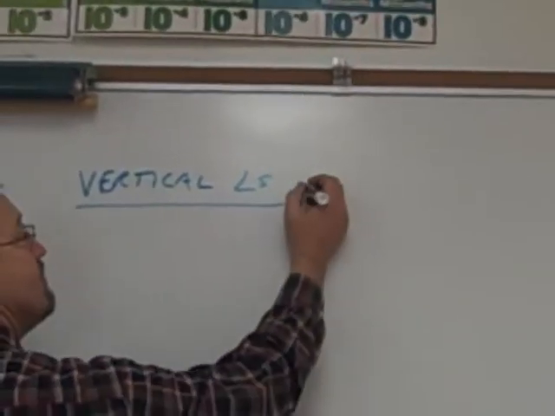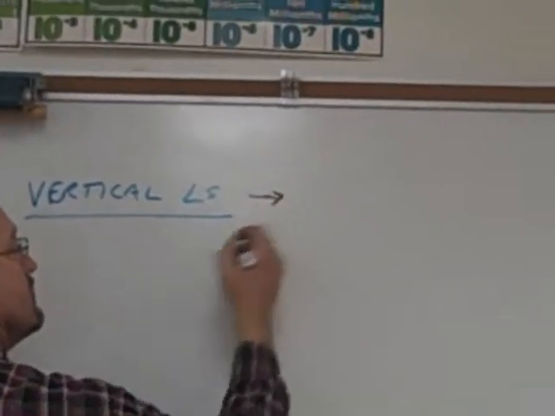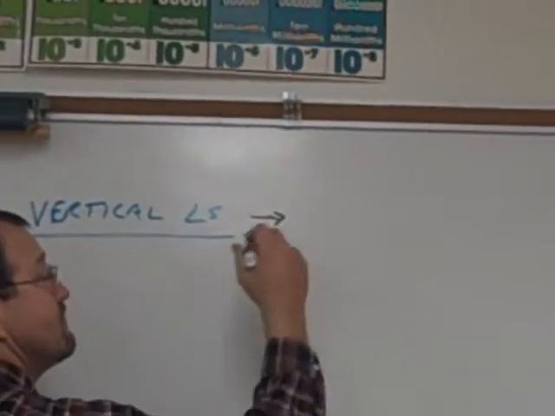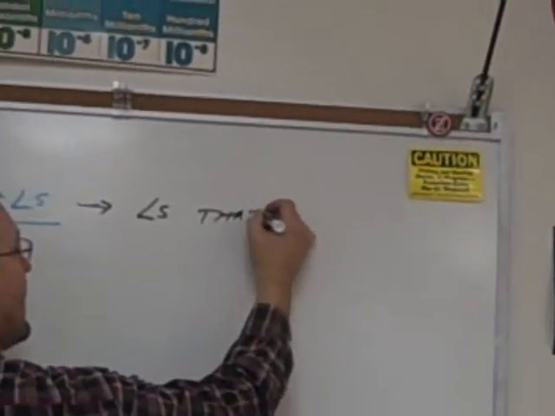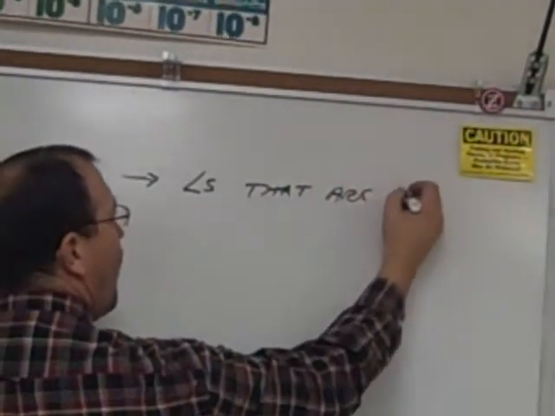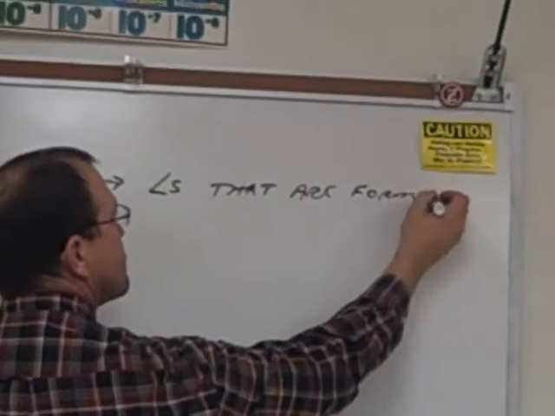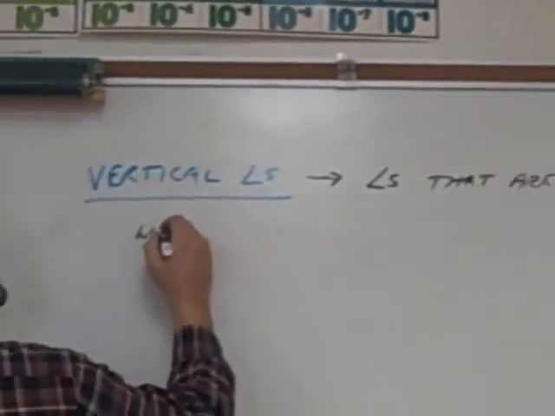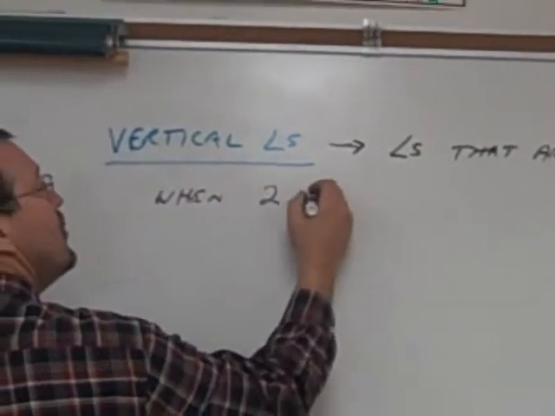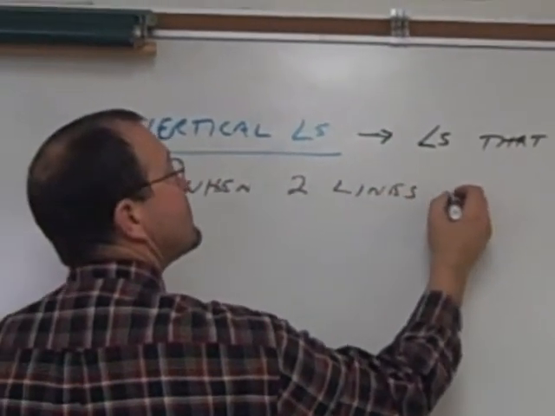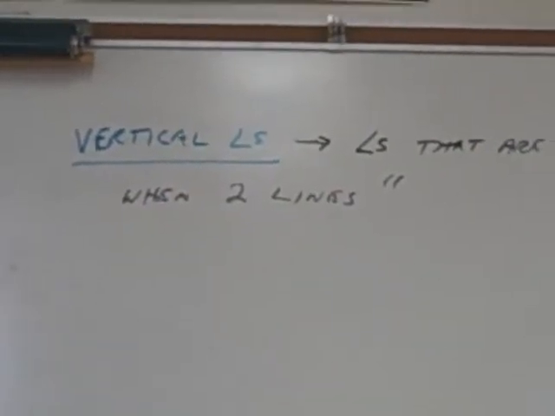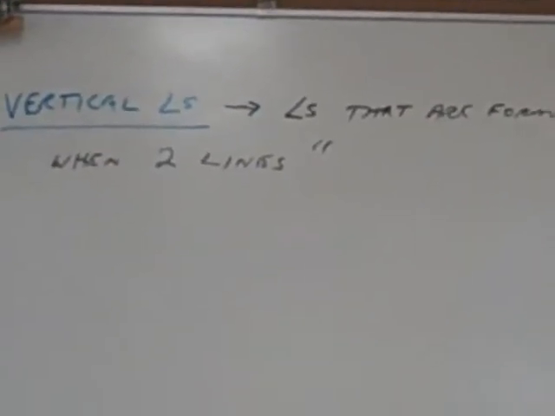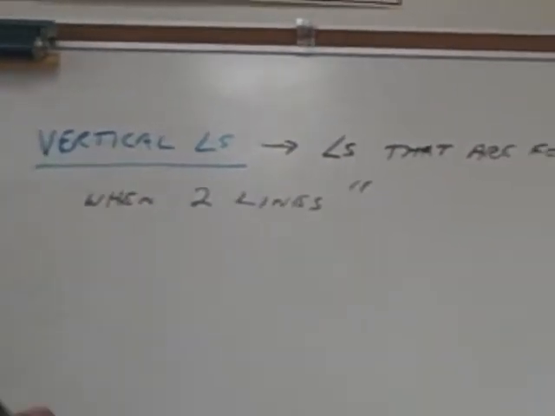Vertical angles. Angles that are formed when 2 lines intersect. Now this is not very good mathematics because you're going to learn in real geometry it's called the word intersect, but I'm going to call it crisscross.